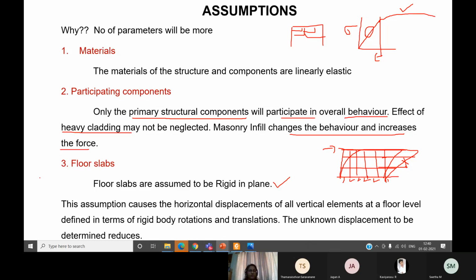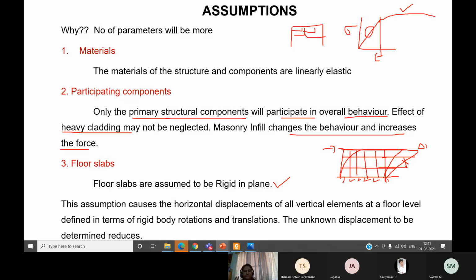So what this assumption says, that the floor slabs are assumed to be rigid in plane, is that at this floor level you consider only one delta. There is only one deformation. Otherwise, at each level, in this particular frame, there would be some deformation: delta 1, delta 2, delta 3, delta 4. Every frame would have a deformation.